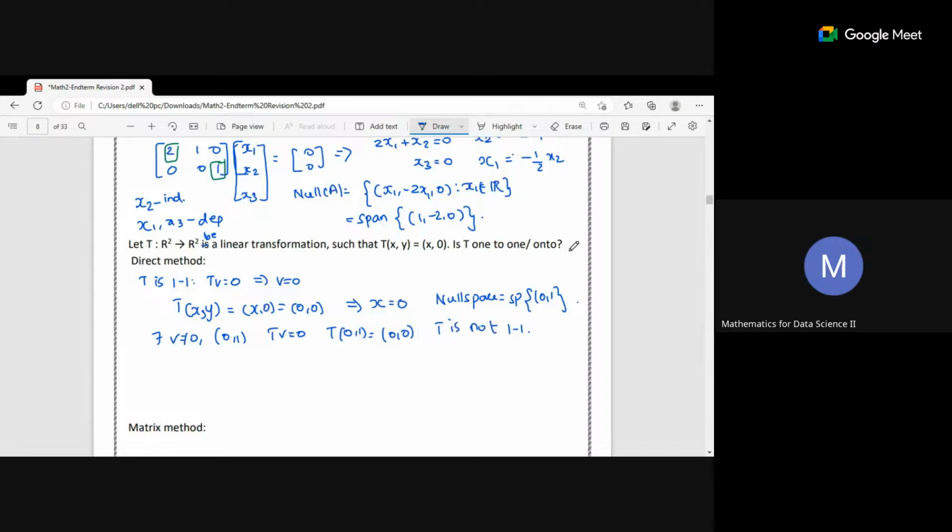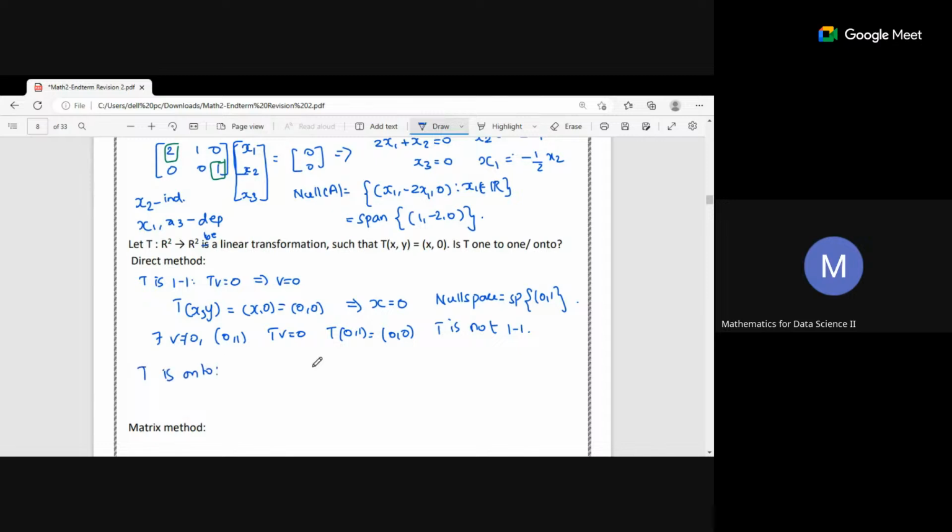Now, without even verifying onto, can you tell whether T is onto or not? Yes, ma'am. T is not 1 to 1, so it is not onto. Since the domain and codomain are the same, T is 1 to 1 if and only if T is onto. So how do you prove that T is not onto?